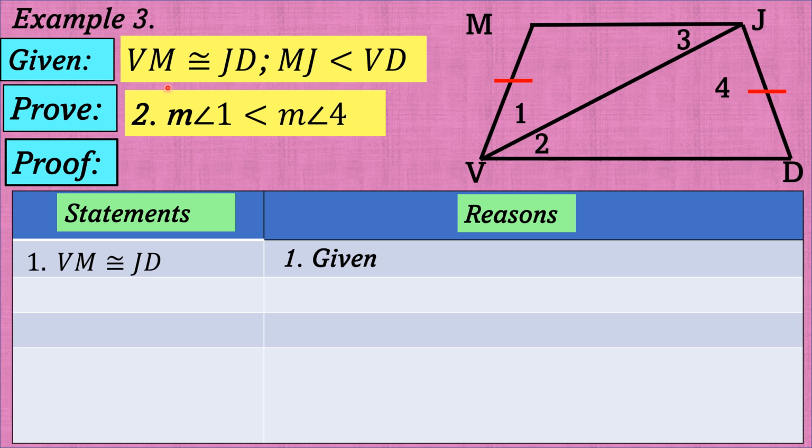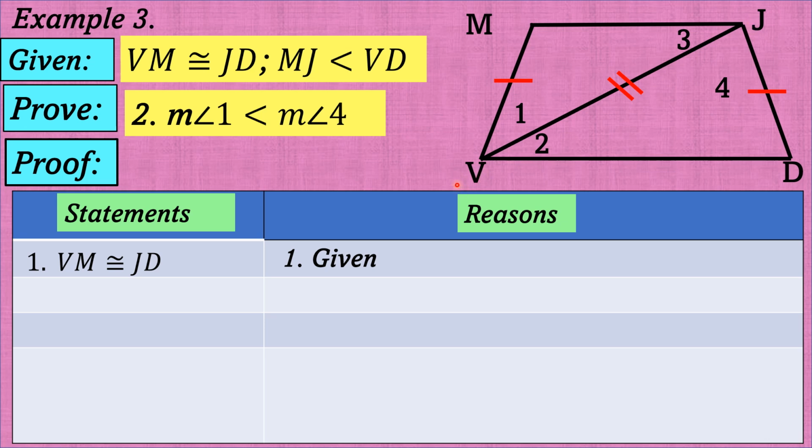It's given. Now, what will we put in our second statement? If you have noticed, the illustration shows that triangle MVJ and triangle VJD share a common side, and that is side JV or side VJ.